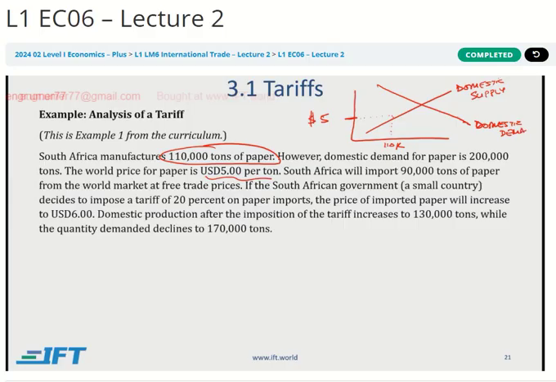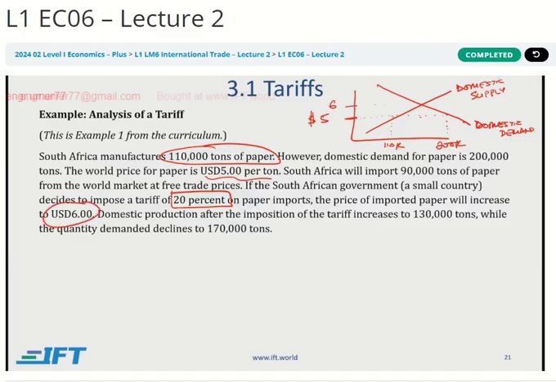But let's say this is the domestic demand, and clearly at that price of $5 per ton, the domestic demand is 200,000 tons, right? So clearly the people in South Africa want a lot more paper at this price. So naturally it will be imported. But instead of importing, what South Africa is doing is trying to reduce the import by imposing a certain tariff. So they put a 20% tariff, which means the price will go up to now 6.